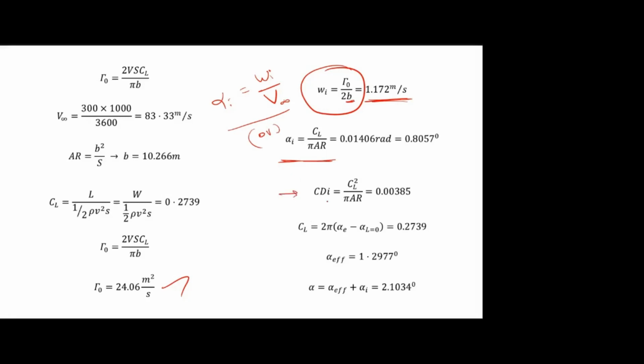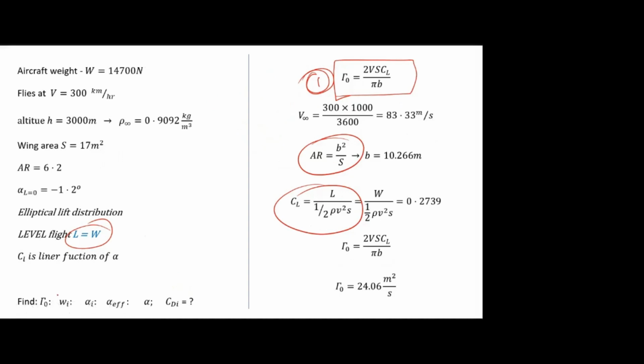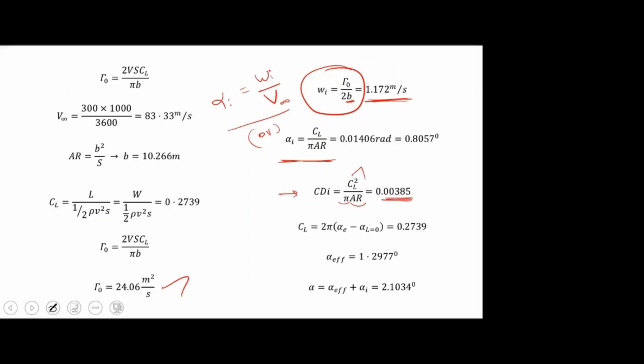Then CDI. This is CL square divided by pi AR. CL we know that. Aspect ratio is given. Pi also we know that. So substitute, you can get the CDI. This also we found it. And what they have asked: WA, alpha I, gamma naught we found it, CDI we found it. These two terms they are asking, alpha effective and alpha. We know the equation which relates alpha effective and alpha.